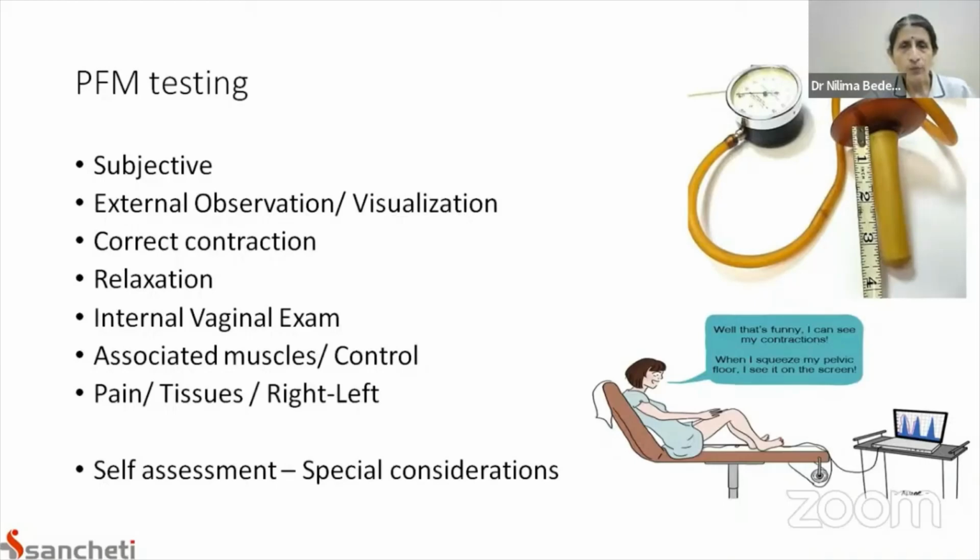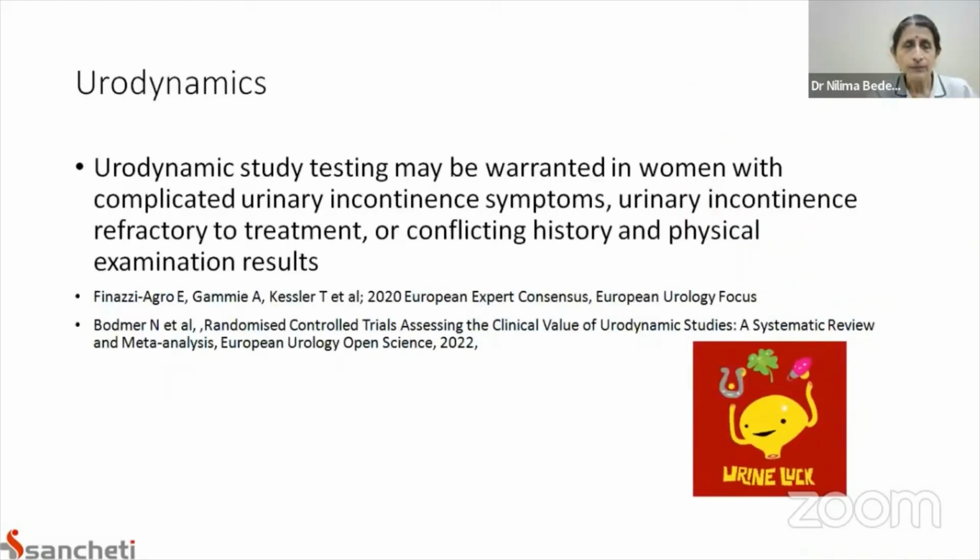So we get to know the pelvic floor muscle strength and endurance, which will help us in determining management strategies. Now coming to the further test, urodynamics. These are lab tests, done with special technicians and at times urologists present, and they need to be done specifically in special scenarios only.